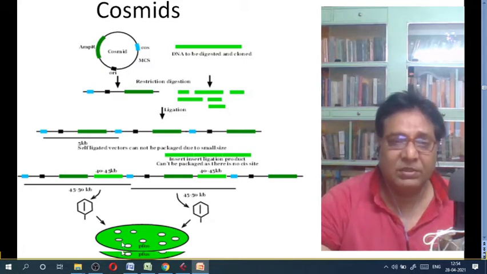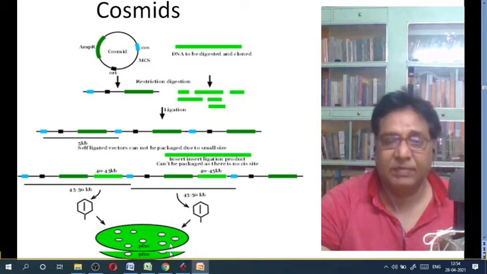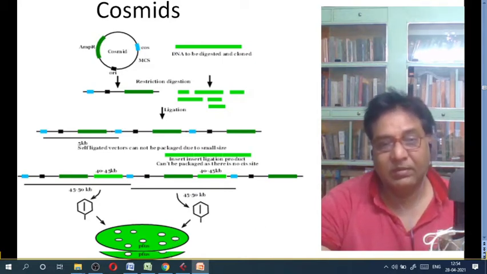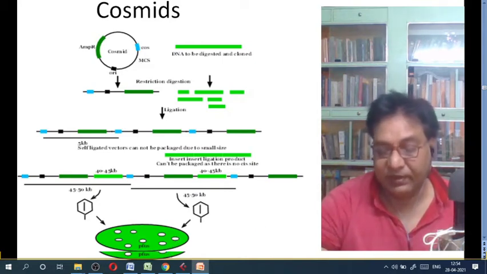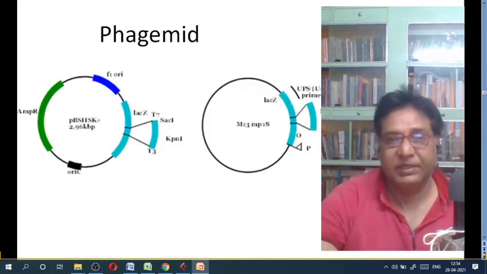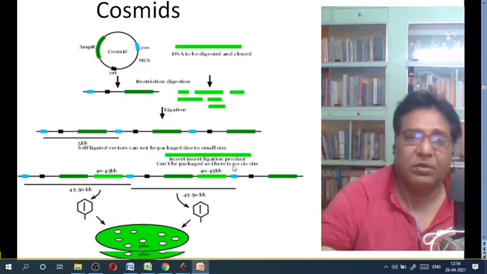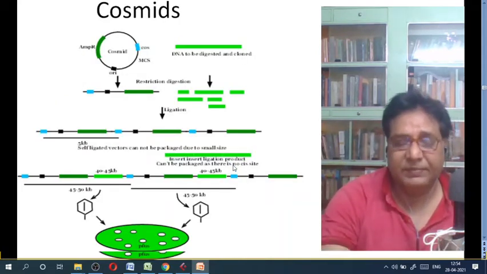And this will continue, as I was saying, if these circles increase in size, these plaque forming units will merge together, and the entire plate will be empty after some time if you allow it to grow further. So that is undesirable, of course, for the purpose of screening. So cosmid vectors are also used for genomic DNA library preparations.